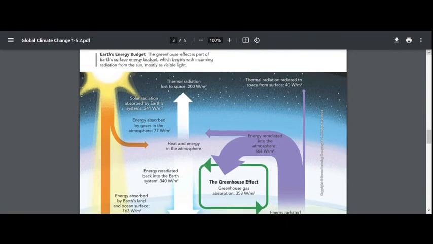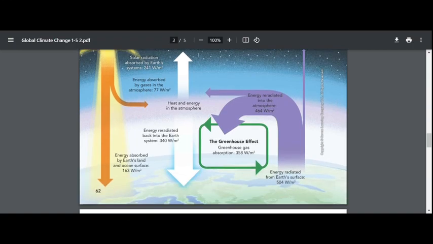Okay, so we have the sun, it's showing the sun right here. There's solar radiation absorbed by Earth's systems at 241 W/m². Energy absorbed by gases in the atmosphere. Okay.